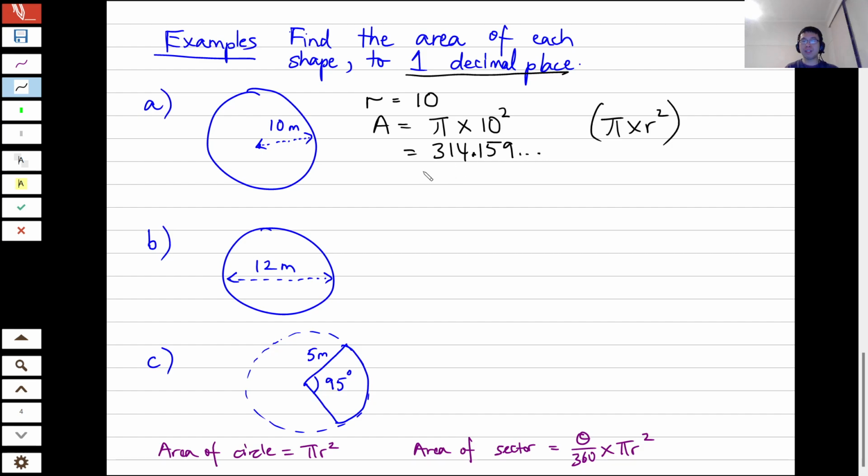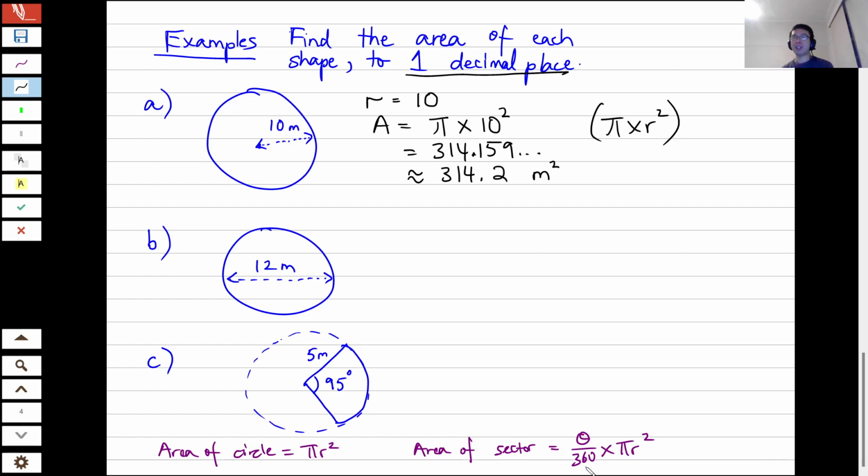And if I round this to one decimal place, I get 314.2, because the next digit after the first decimal place is 5 or larger, which means I round up. Now remember, we need to write a unit. In this case, the unit that I was given was in meters, so my area is also going to be in meters as well.